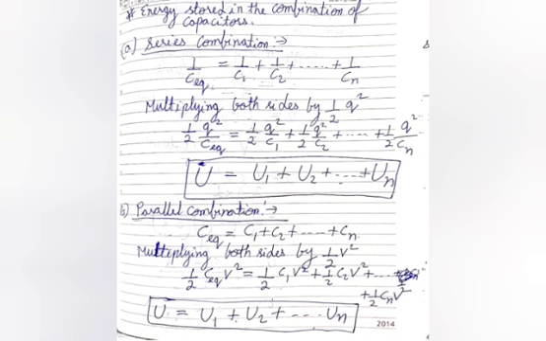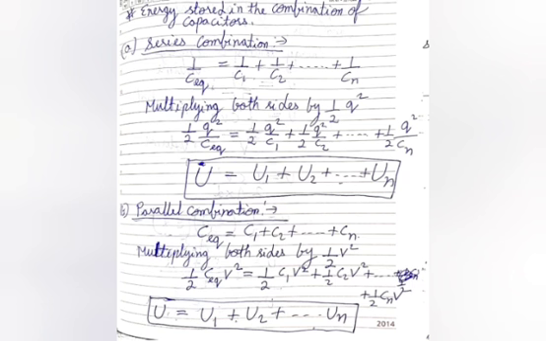As we have studied in a previous topic, the expression for energy is U is equal to half CV square. So instead of half C equivalent V square we can write U, instead of half C1 V square we can write U1, and instead of half C2 V square we can write U2, and so on till Un.